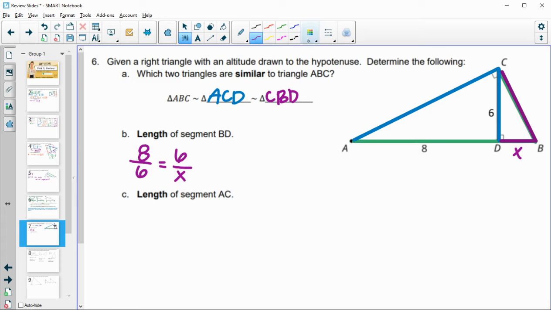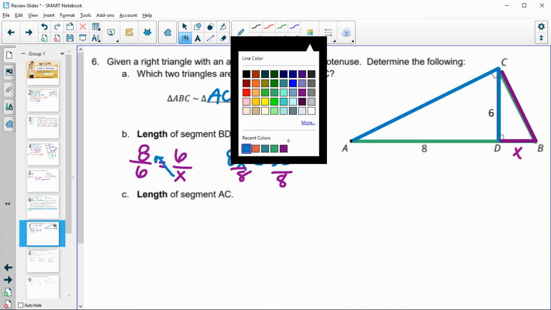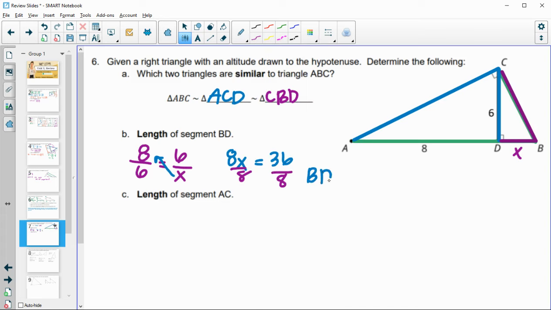So we'll do x times 8, which gives us 8x, and then 6 times 6, which gives us 36. Then you can divide both sides by 8, and we'll get x, which is BD. So BD is equal to 36 divided by 8, which is 4.5.